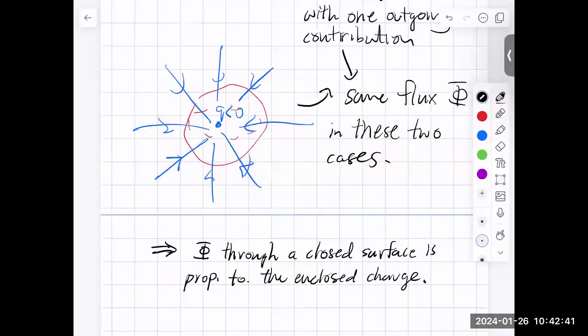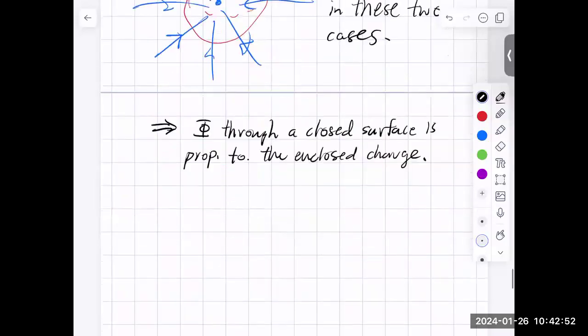All right, so in the last couple of minutes here, I just want to preview what we're going to do with Gauss's law. Next time, we will derive Gauss's law.